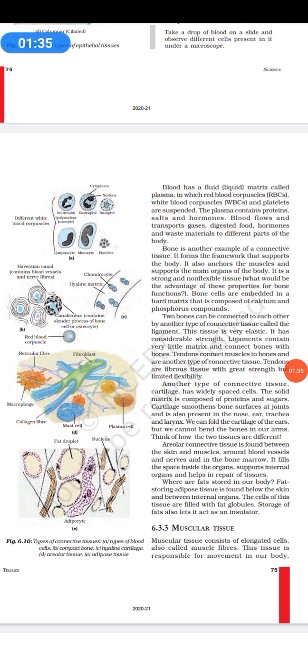These are the different components in the blood. The plasma contains proteins, salts, hormones and so on, and the blood flows and transports gases, digested food, hormones and waste materials to different parts of the body.